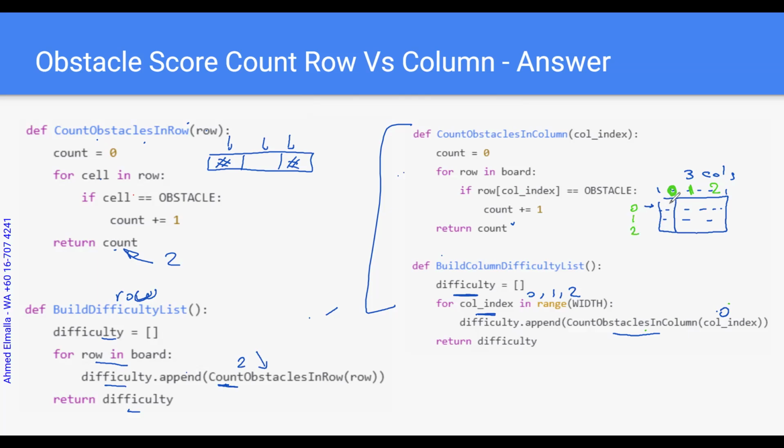But we are going to check not everything here, just only focusing on the column that is specified by the input that comes. So when we say that column index is 0, we will focus only on this column. So we'll go through every row and check how many obstacles here.